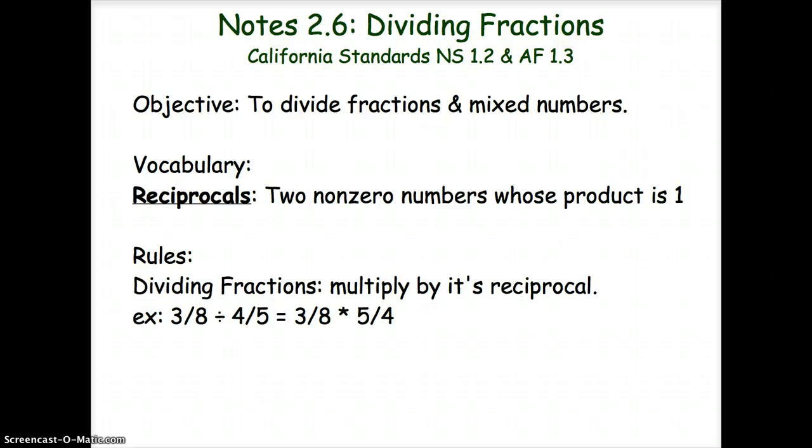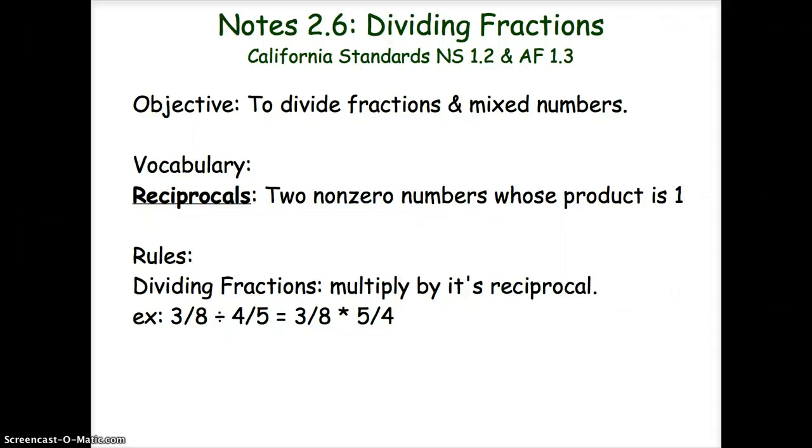So if you take a flat fraction and flip it over, you'll have the reciprocal. So our rule is dividing fractions, you multiply by its reciprocal. And the little phrase we say is skip, change, flip. Okay, so it's the same thing as skip, change, change, but you're changing the last one by flipping it.